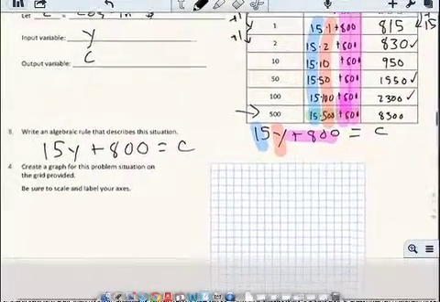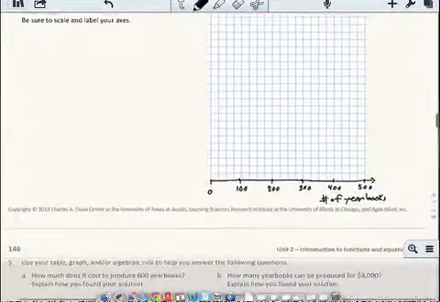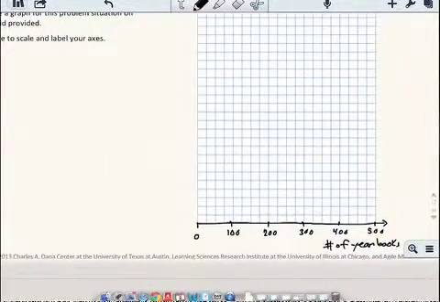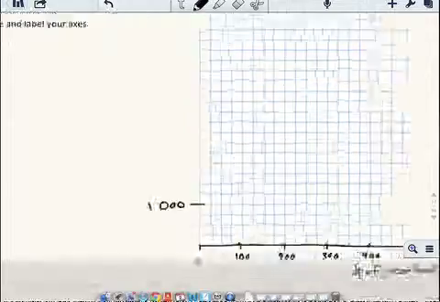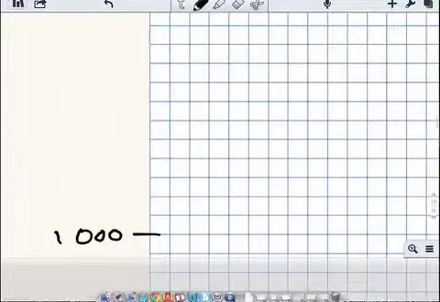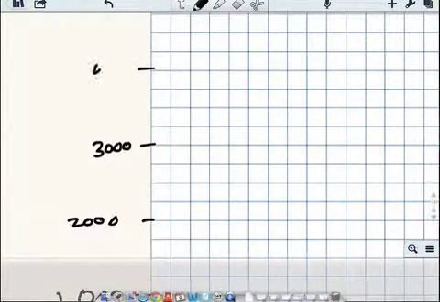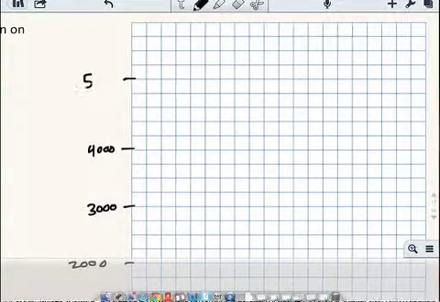I need to get up to 8,300. So let's see if I count every 4 bars as 1,000. 2,000, 3,000, 4,000, 5,000.